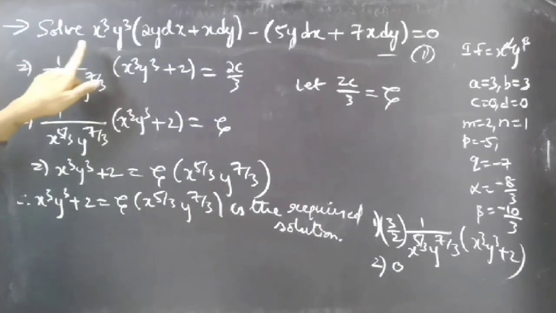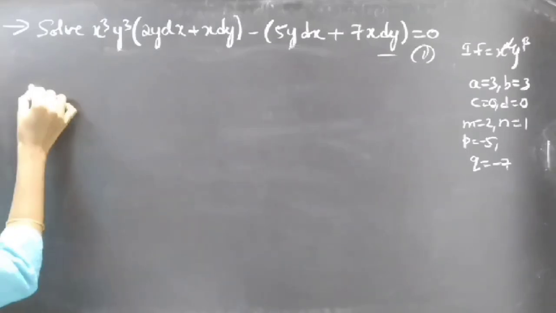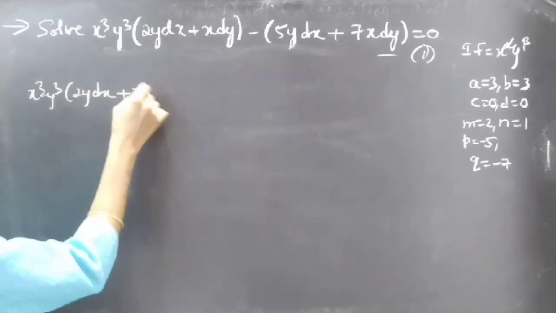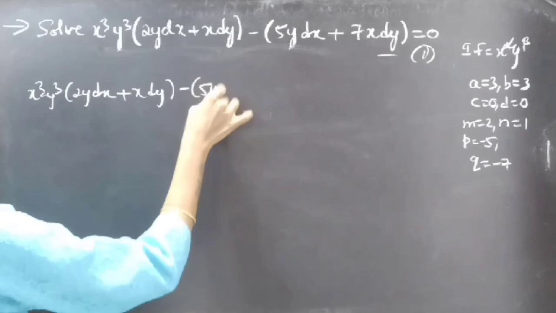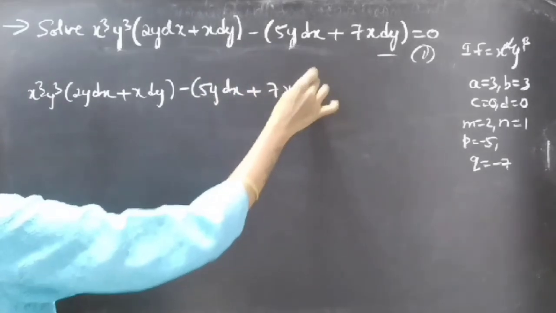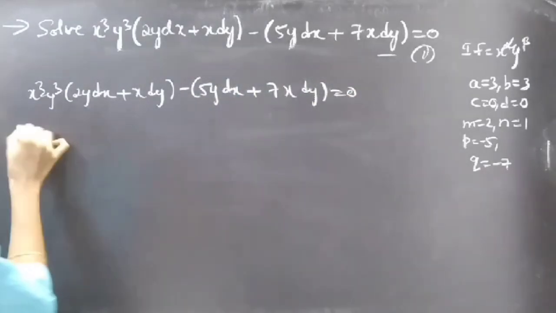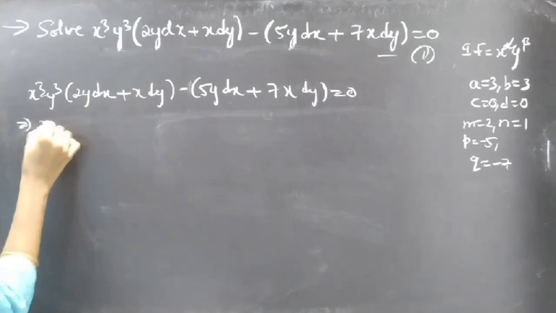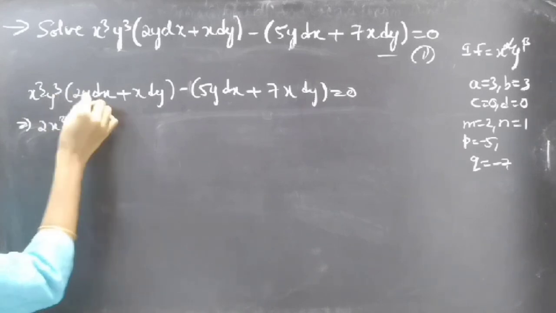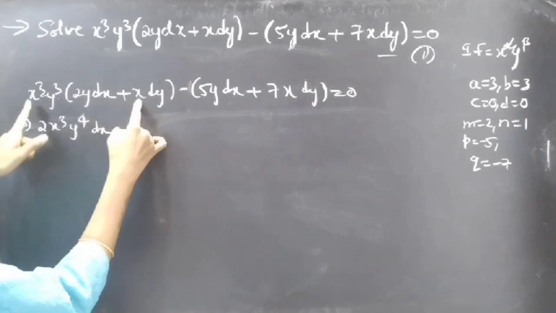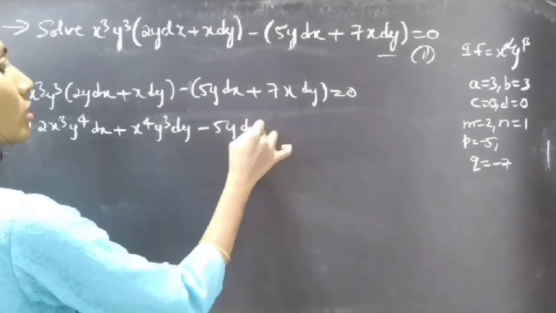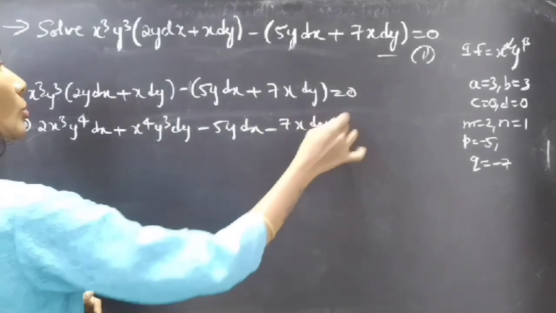Now let's see whether the given differential equation is exact or not. We can write the given differential equation as 2x^3 y^4 dx + x^4 y^3 dy - 5y dx - 7x dy = 0.